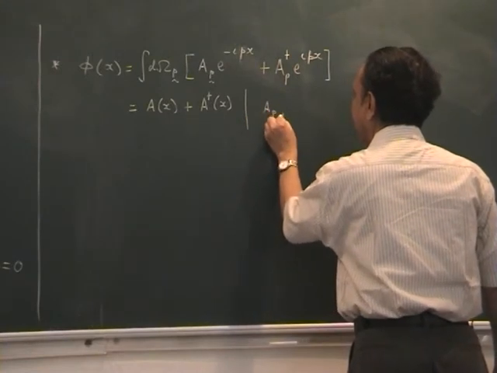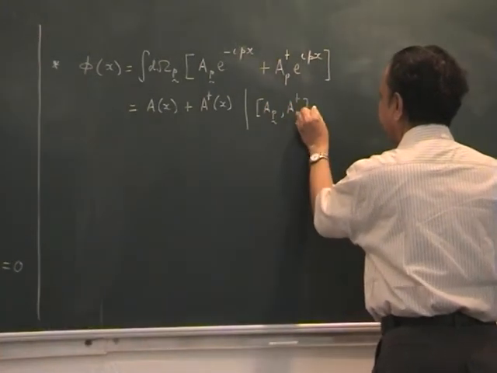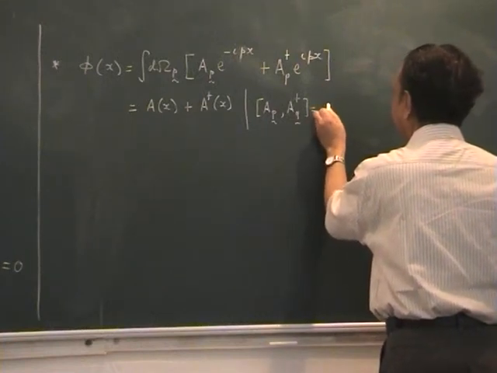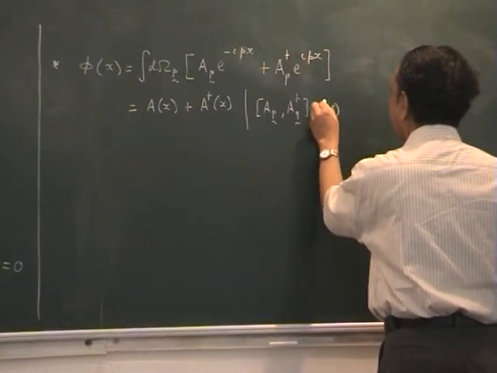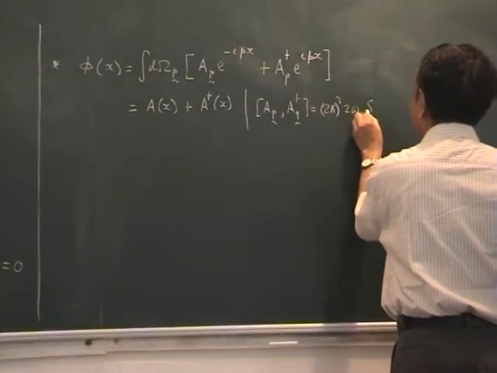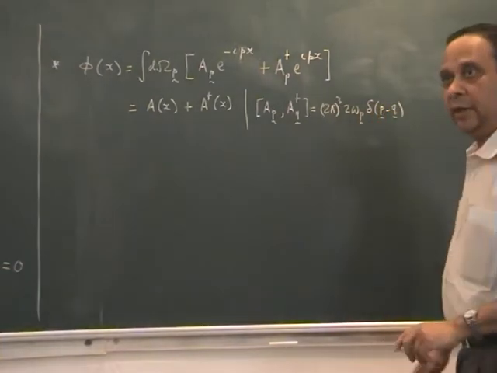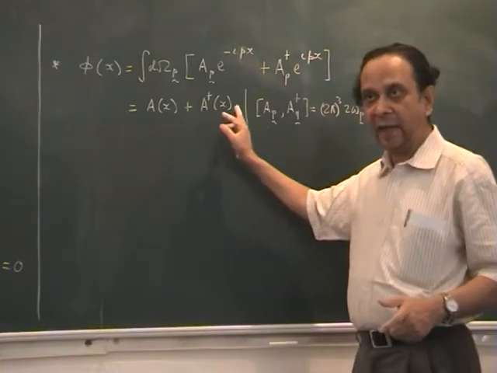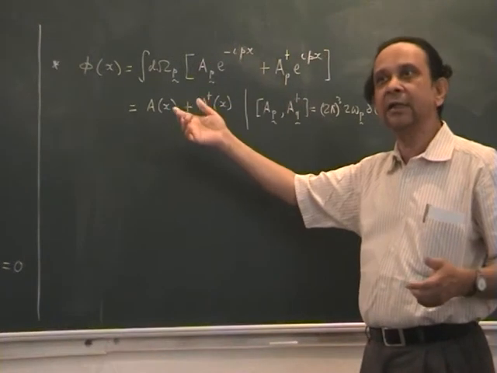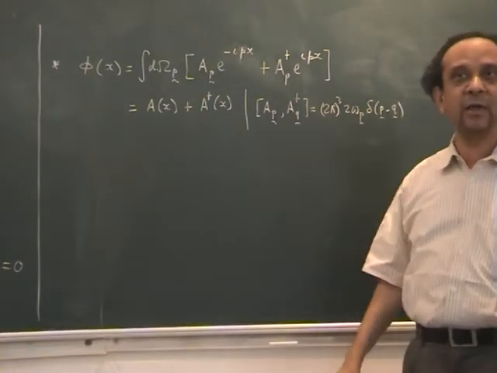That is a p commutator a q dagger we take to be, the way we had worked it out, 2 pi the whole cube times 2 omega p times the Dirac delta function of p minus q. This extra factor is what takes care of the fact that I am not using a 1 over square root of 2 omega times a k dagger, which would have been the standard commutation rule. This extra thing takes care of Lorentz invariance because the right hand side is a Lorentz invariant commutator.